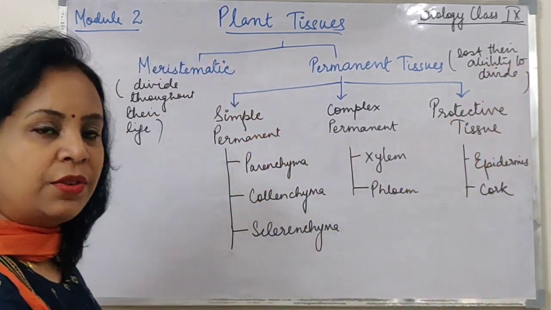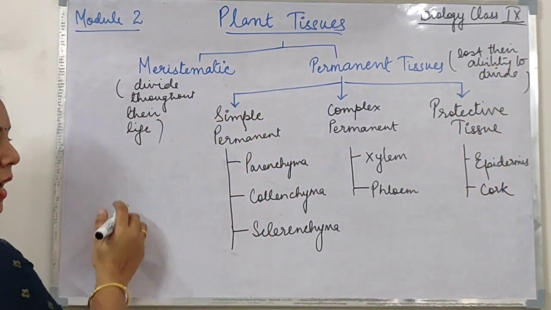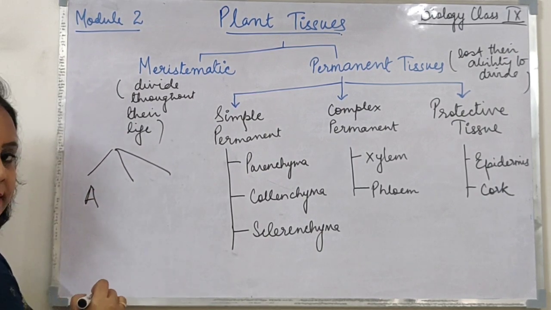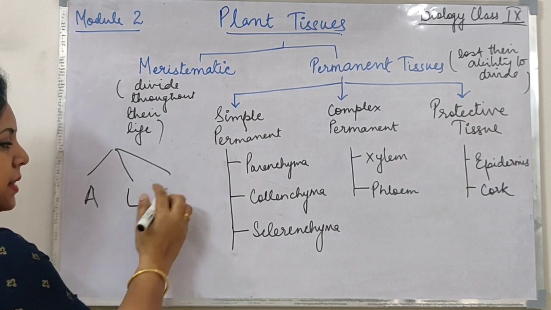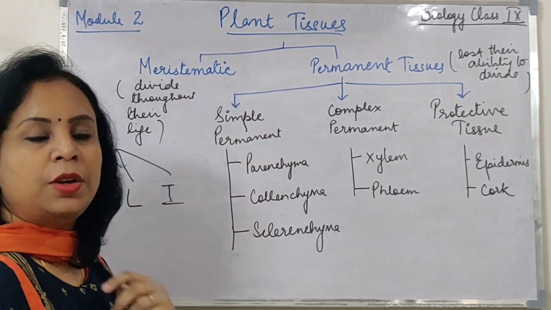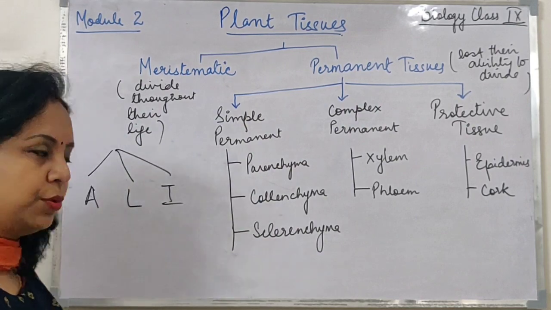In our previous class, we have already studied the three types of meristematic tissues: the apical meristem, the lateral meristem, and intercalary meristem. So now we are going to focus upon the permanent tissues.